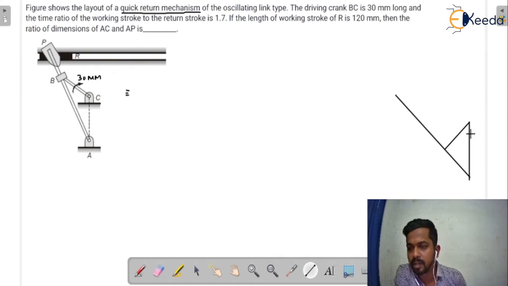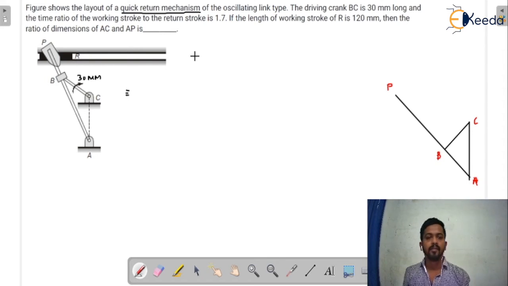This is our connecting rod. According to the diagram, this is AC, this is B, and this is P. I am going to tell you what happens when the slotted bar moves from the first dead position to the other dead position.